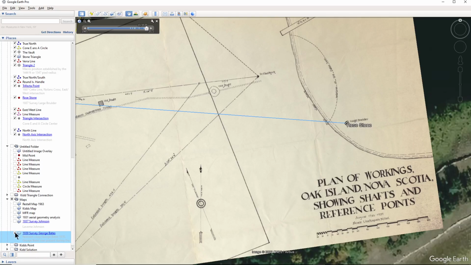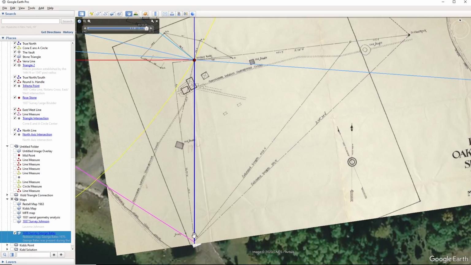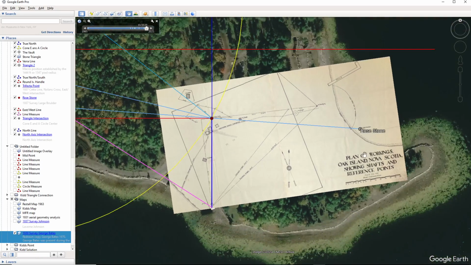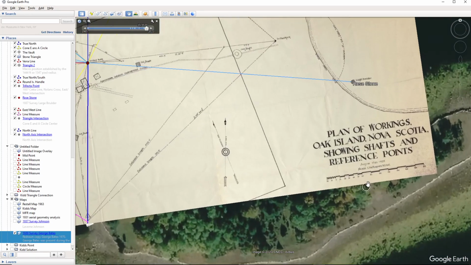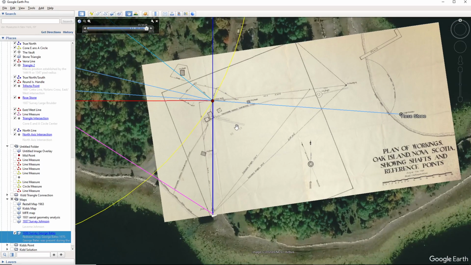And we know that the 1937 survey has everything to do with the stone triangle, and this was done by Gilbert Hedden back in 1937. I believe it was redrawn by the assistant of Charles Roper, George Bates, I think in 1970 or something like that.